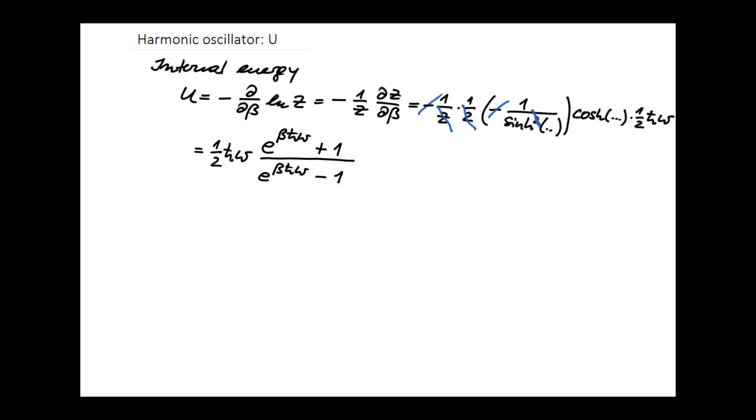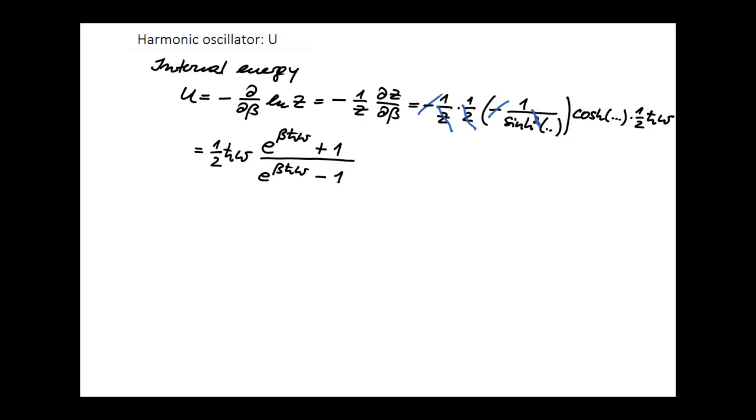This is the formula for the expectation value of energy of a single harmonic oscillator at temperature T, or inverse temperature beta. So we have energy as a function of temperature.